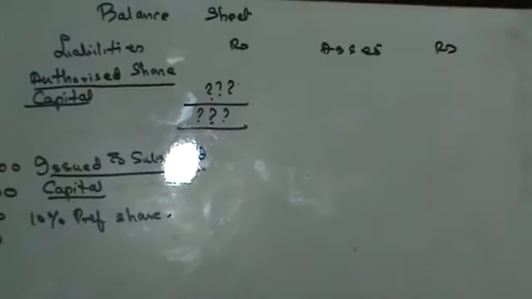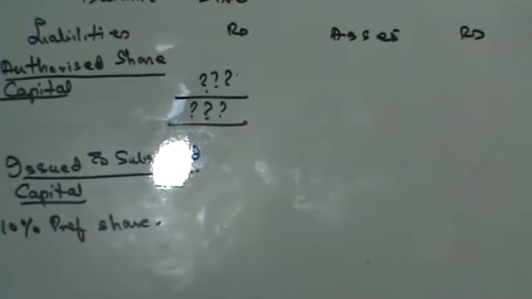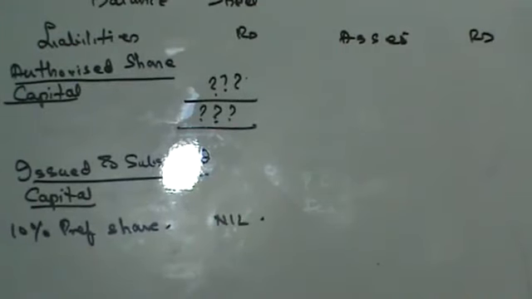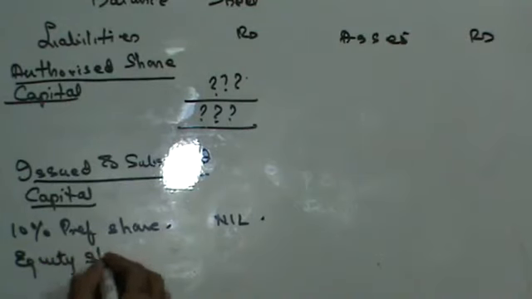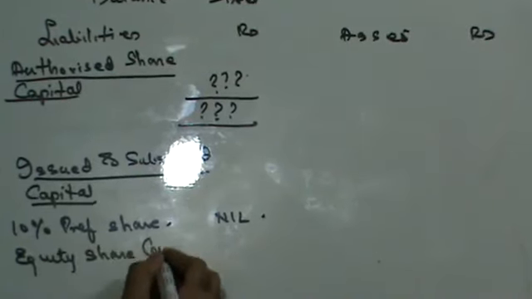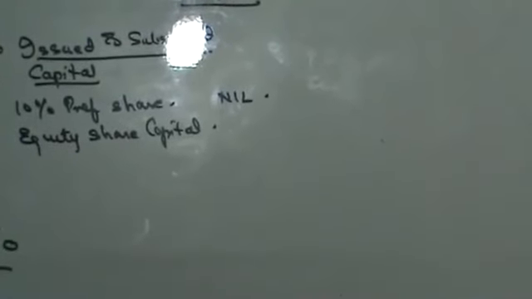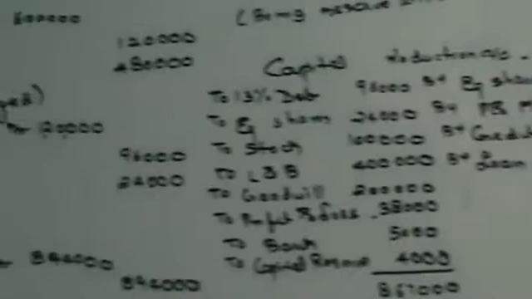Right? The entire amount is written off over here. So, it's going to be nil. Then you have equity share capital. Now, equity share capital is 15 lakhs. Liability rule: add credit, subtract debit.